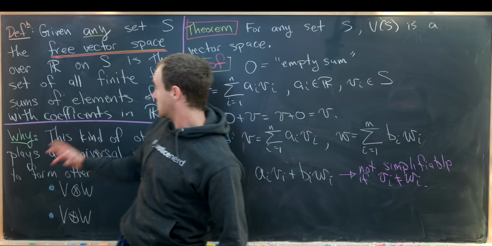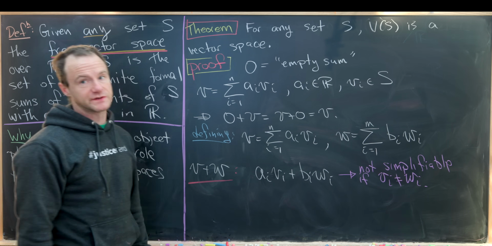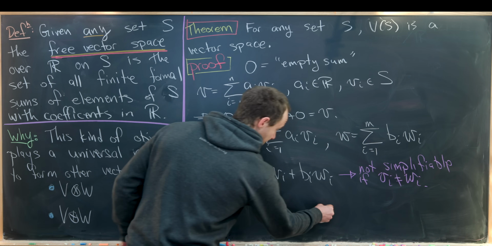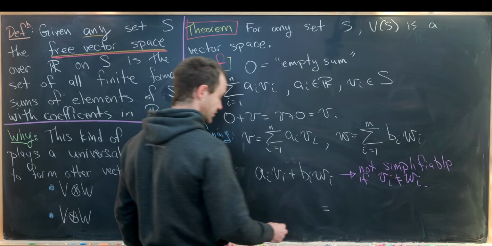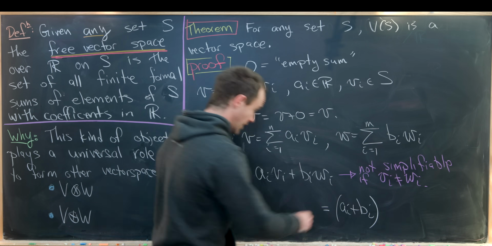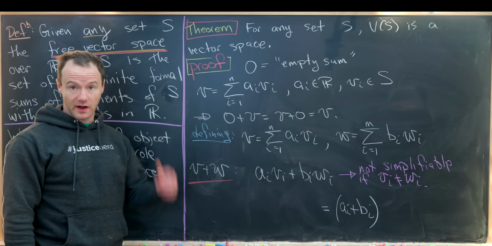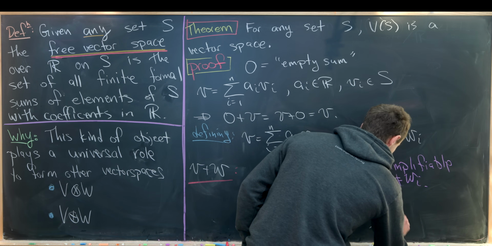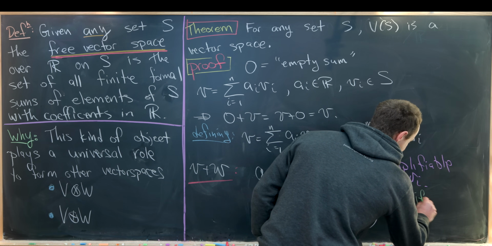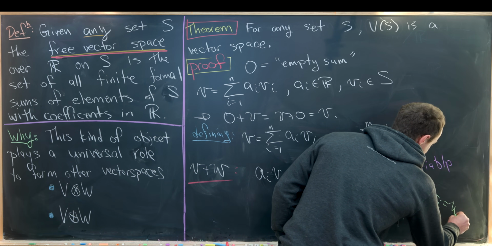And that's because, again, we've got this finite formal sum, formal being the key word there. But if v_i is equal to w_i, we could write this as a_i plus b_i, where that addition is occurring in the real numbers, times v_i. Let's maybe point out that this only works if v_i is equal to w_i.